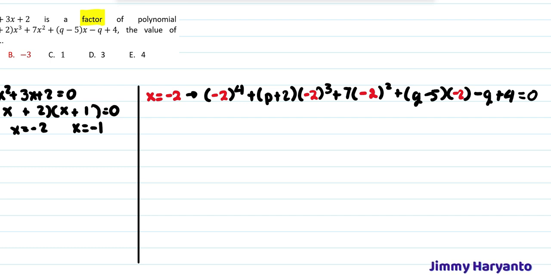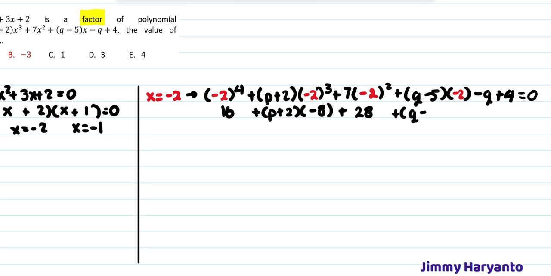And then you only have to calculate. 16. This one is p plus 2 times negative 8. This one is 28. This one is q minus 5 times negative 2, so you'll have negative 2q, and then negative 2 times negative 5 equals plus 10.